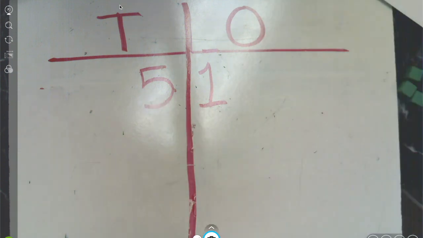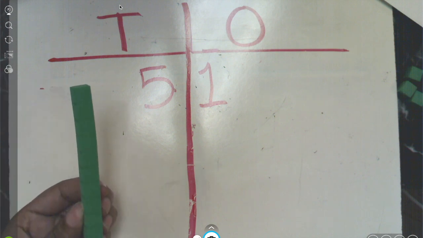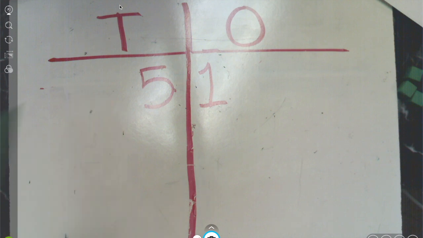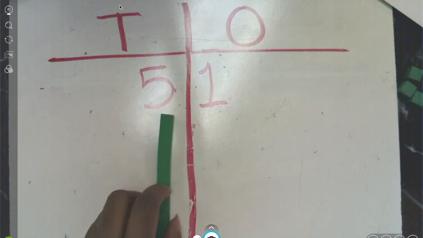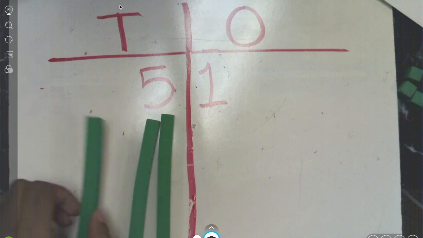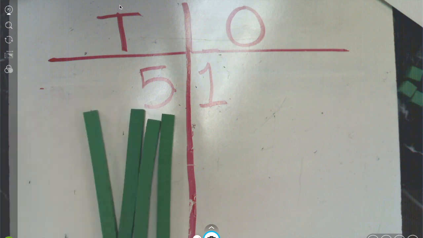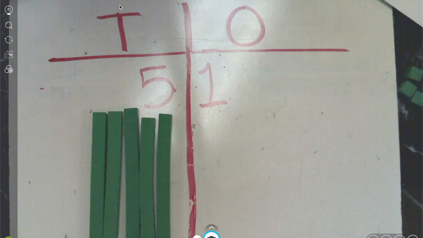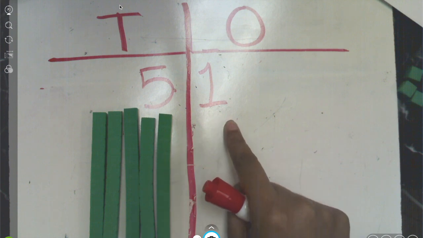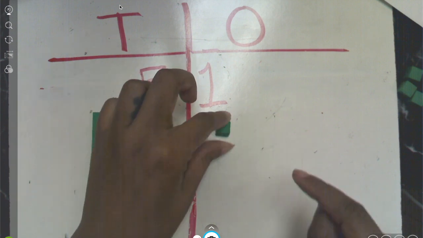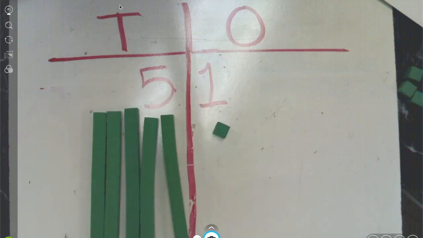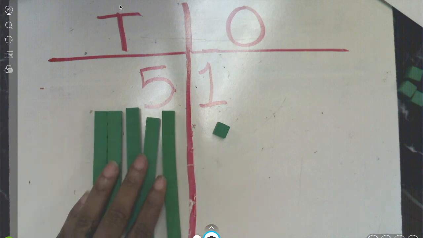So now, how many 10 rods do I need again? You've got it, 5. So I have 1, 2, 3, 4, 5. Okay, and then how many units do I need? That's right, 1 unit. Okay, now let's try counting these base 10 blocks by their value.